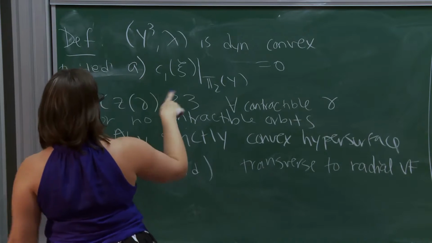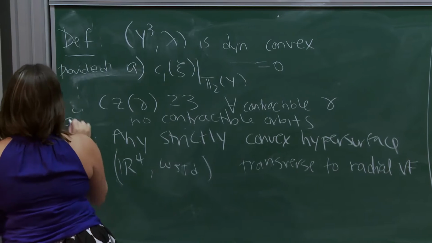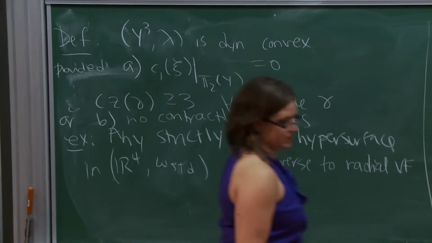So we'll make condition A, C1 of pi 2 is 0, or B, this thing. Okay.